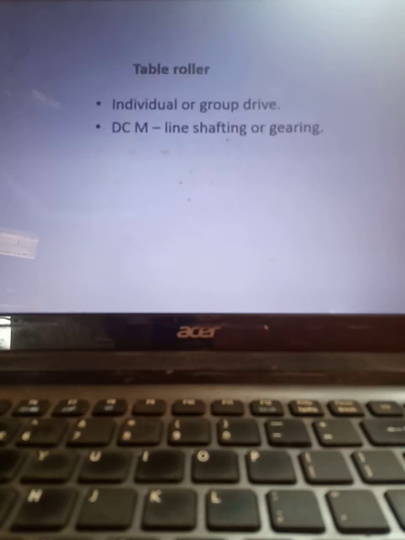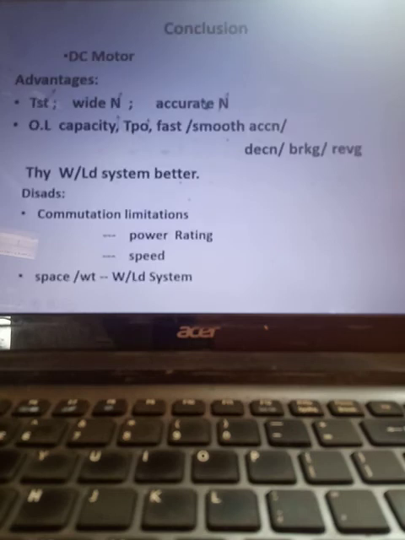So like that there are different additional drives. So ultimately the conclusion is, in the case of steel mills, mainly the DC motors are employed. Nowadays, of course, that space is being taken by the induction motors also. The DC motor drives have the advantages that the starting torque is variable and high, the speed is variable, and the speed range is wide.